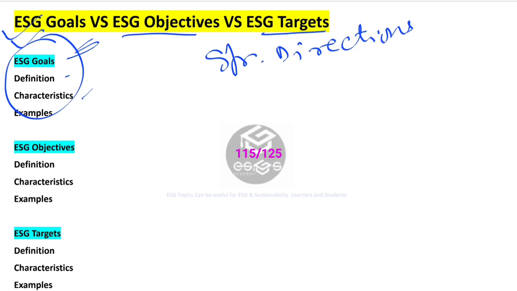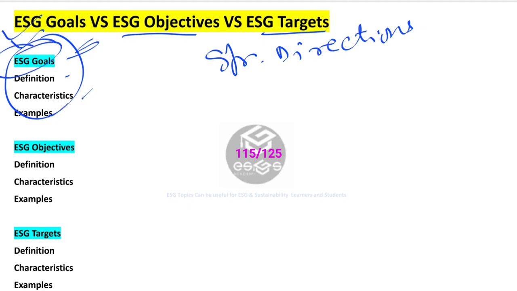Goals provide strategic directions and vision aligning with the organization's mission and values. Also, goals focus on the long term. They focus on significant transformative outcomes that the organization aims to achieve over an extended period, 10 years or more. And then high level intent: goals are aspirational and set the foundation for guiding and prioritizing ESG initiatives across the organization.